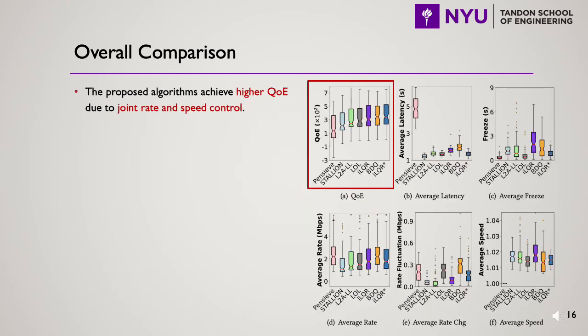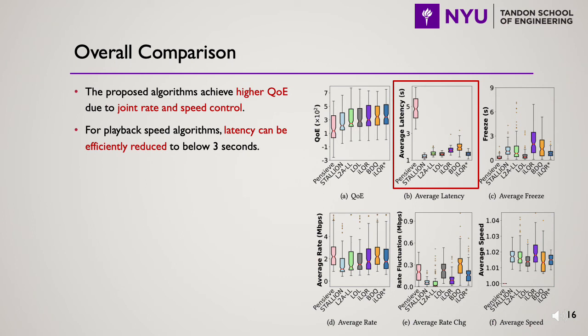The QoE comparison shows that the proposed model-based and model-free solutions can achieve better overall performance by jointly adapting video rate and playback speed. By adjusting playback speed, all the speed adaptation algorithms can efficiently reduce the average latency to below 3 seconds.